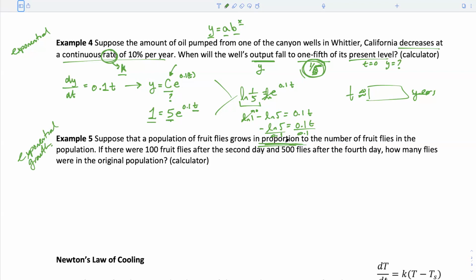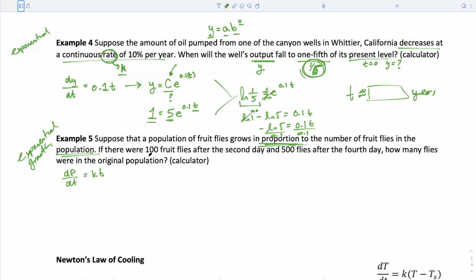So proportionally growing to the population, dP/dt is equal to k times P, because it's proportionally growing to the number of fruit flies in the population.